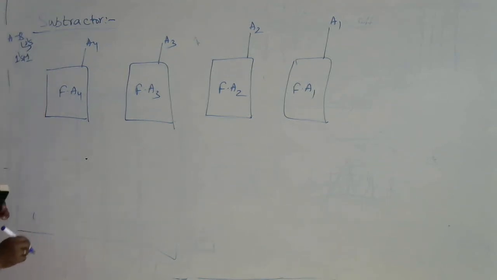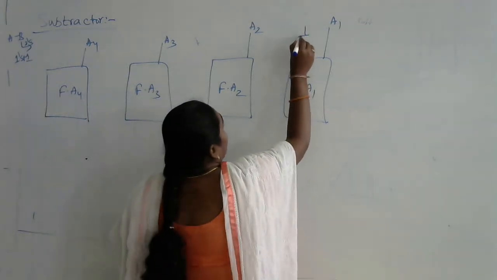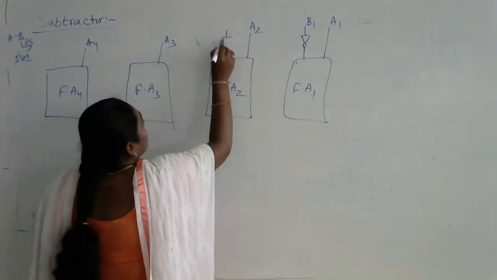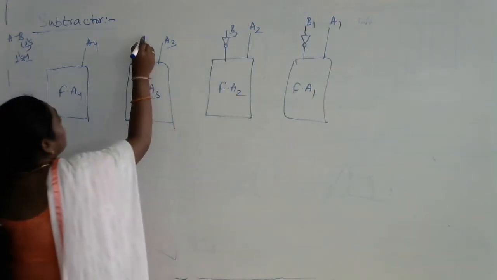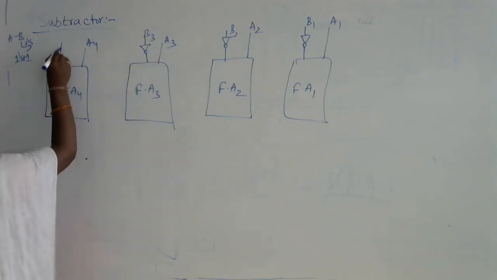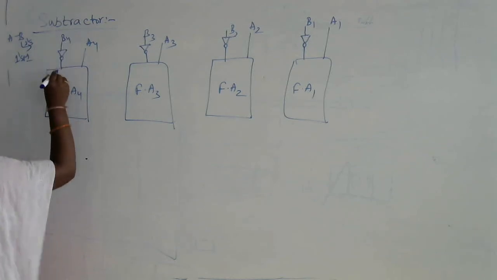The 1's complement means making 1 to 0 and 0 to 1. That is the reason I am adding an inverter for the B inputs: B1, B2, B3, B4.